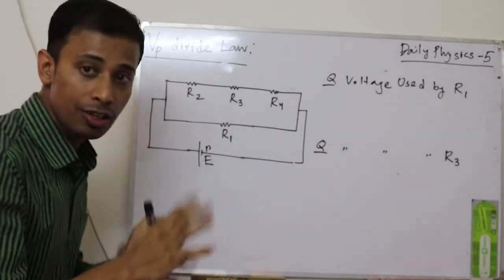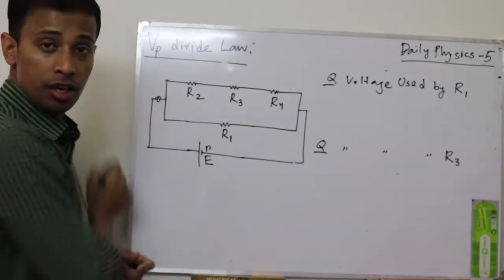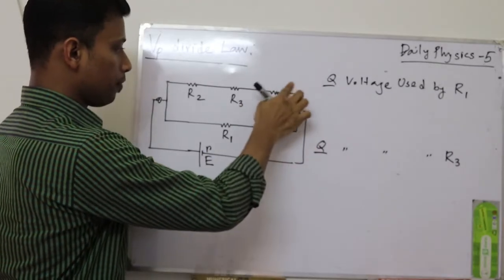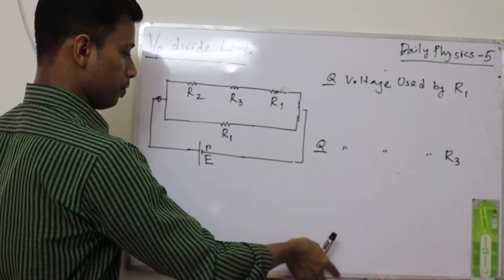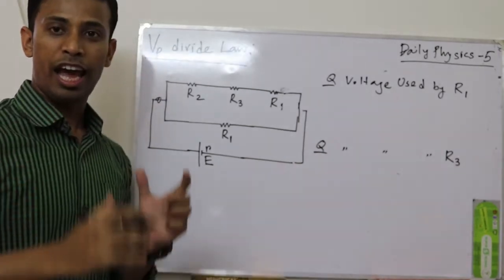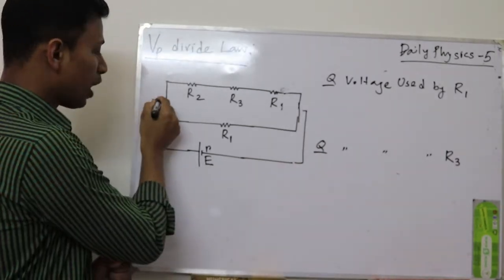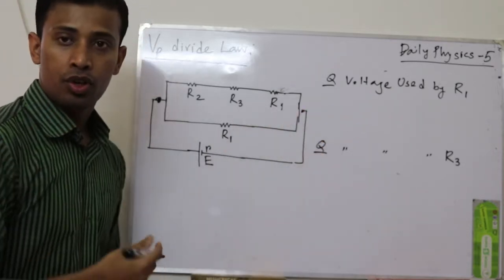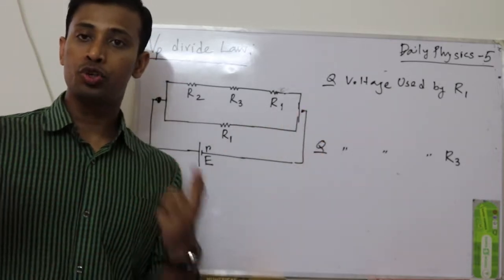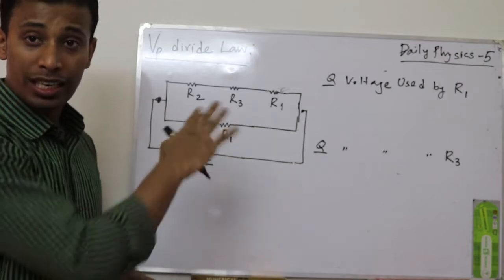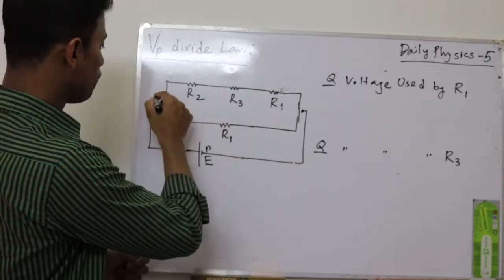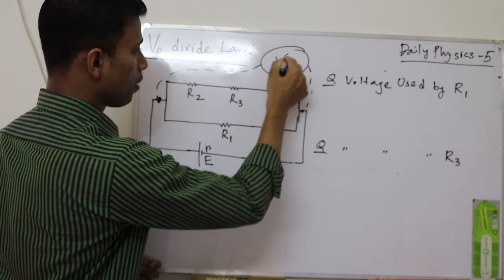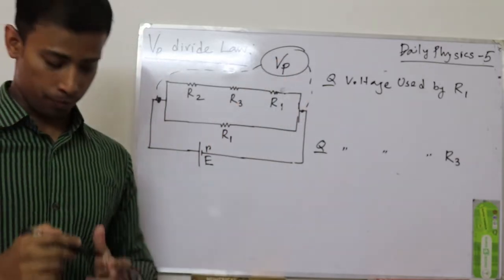That group started from here and ended here. So this is a parallel group, and we know that the voltage across this parallel group is Vp.